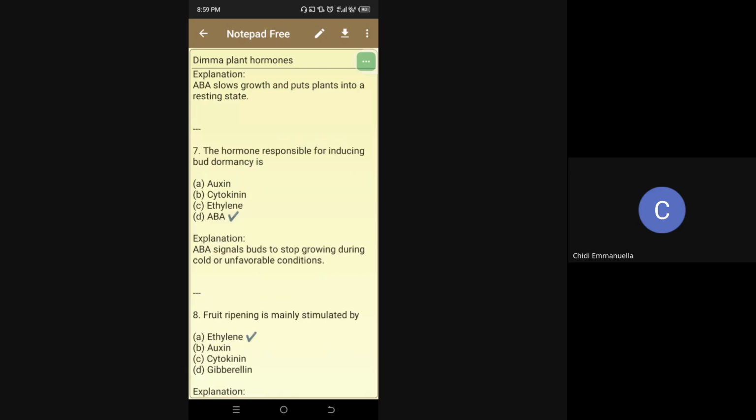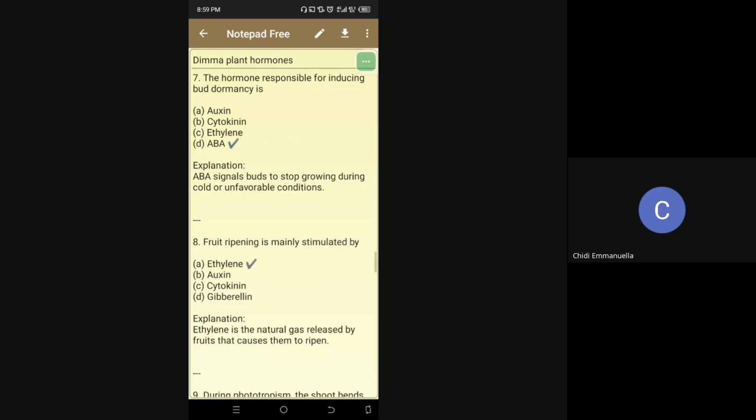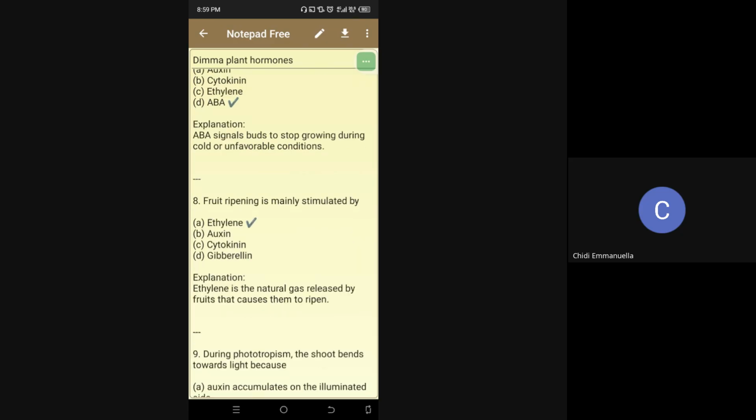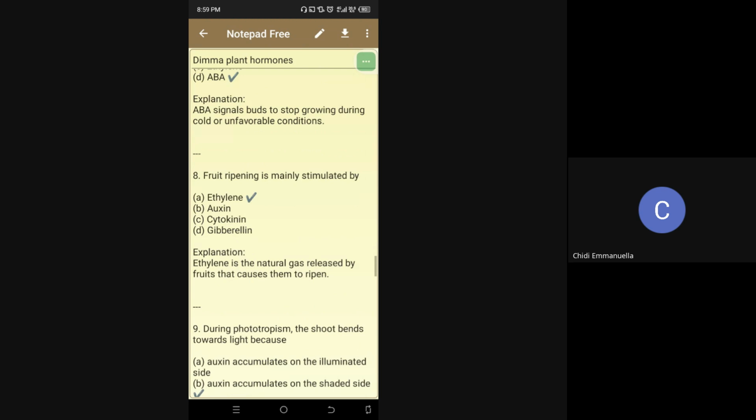Still ABA. It doesn't allow the plants to grow when they have reached the stage of germinating. Explanation: ABA signals buds to stop growing during cold or unfavorable conditions. Number 8. Can you read number 8 for me? Ripening is only stimulated by ethylene.